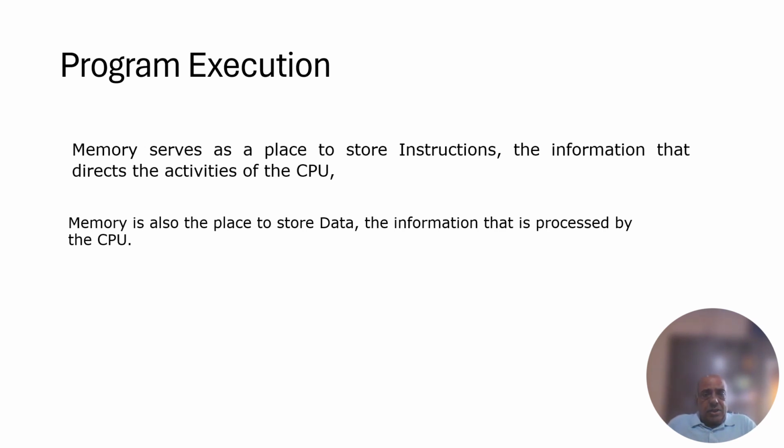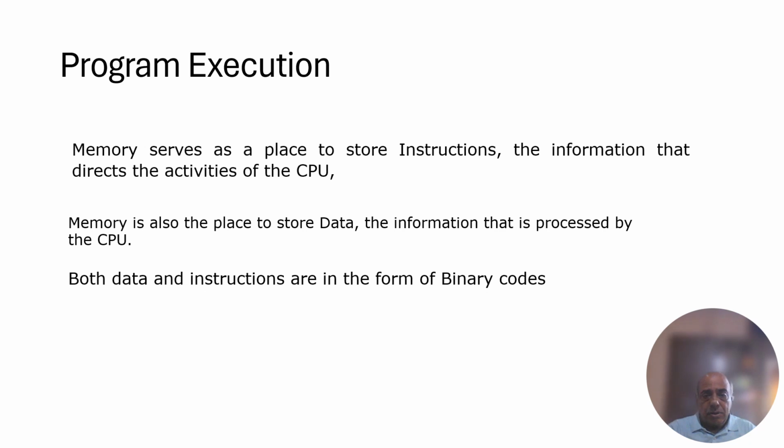Any PC or any microprocessor processes the data and then gives us the result. Both data and instructions are in the form of binary codes, because the whole PC system, microprocessor system, only understands binary.